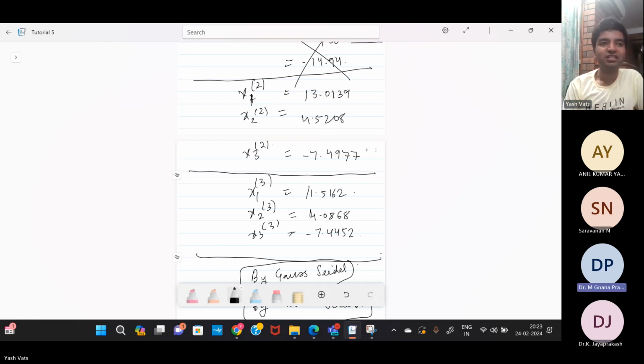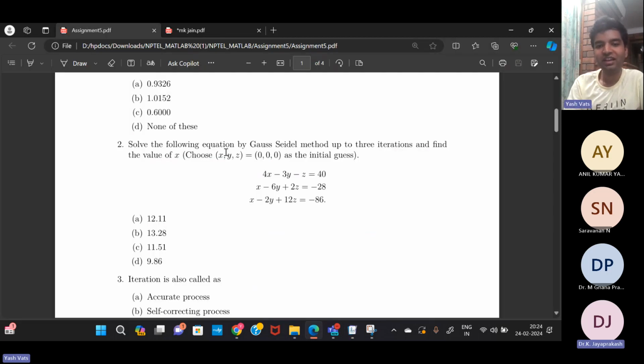They are not given anything else; only the x2, x3 coefficients are 0. So what they are giving in the equation is like that. Here x, y, z is 0, 0, 0. So this is the initial point, right? Initial point is 0, 0, 0.